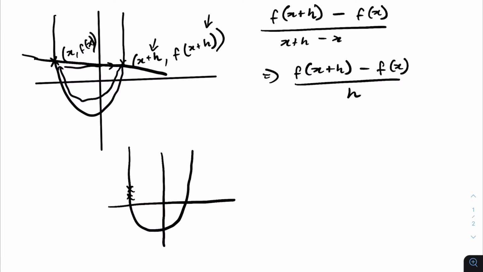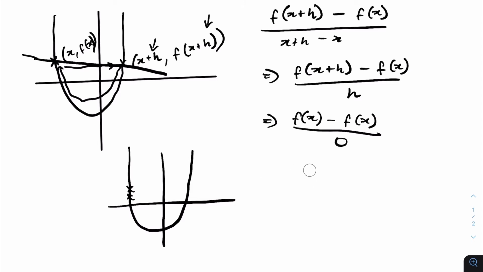The way we would express this is: as h tends towards 0, what's the gradient at that point? You might be thinking, why don't we substitute h as 0 and find the answer? Well, if you substitute h as 0, that gives us f of x minus f of x over 0, and f of x minus f of x is 0, so 0 over 0, which is an indeterminate value. And this is where limits come in.